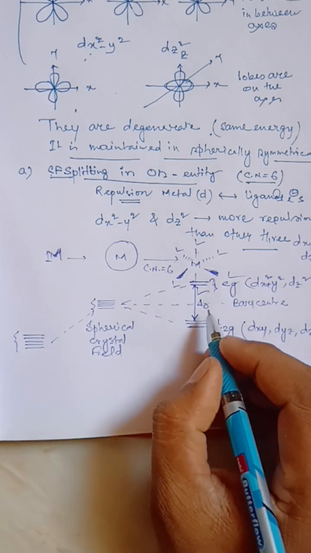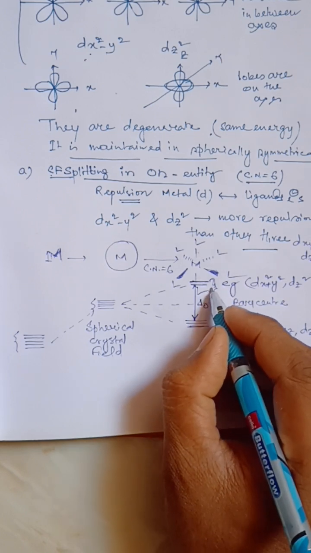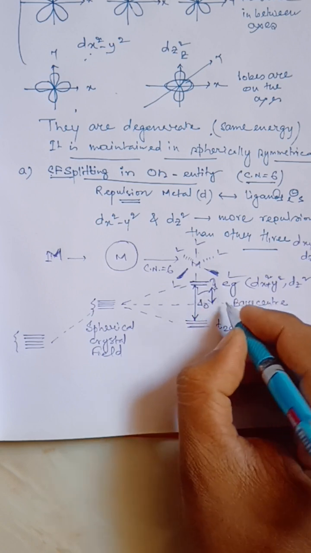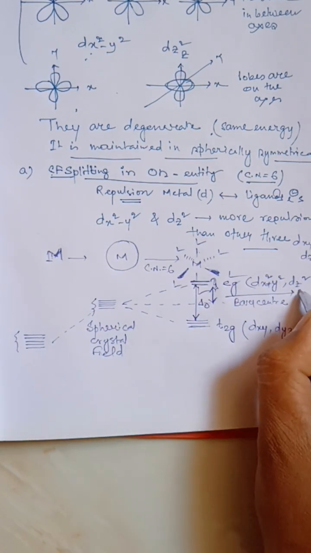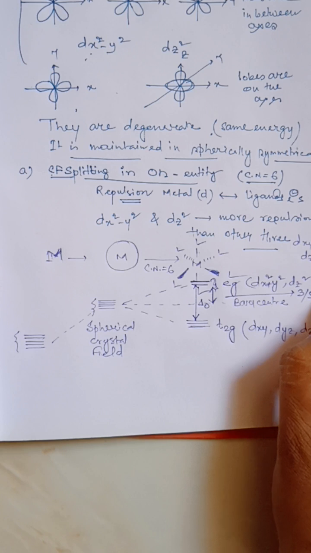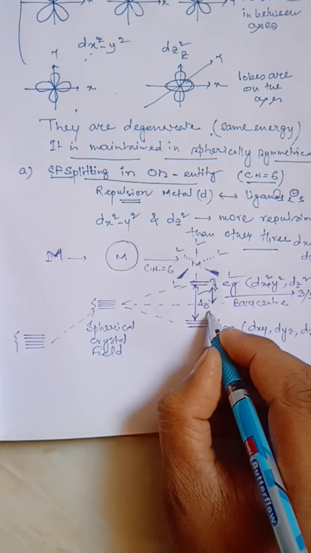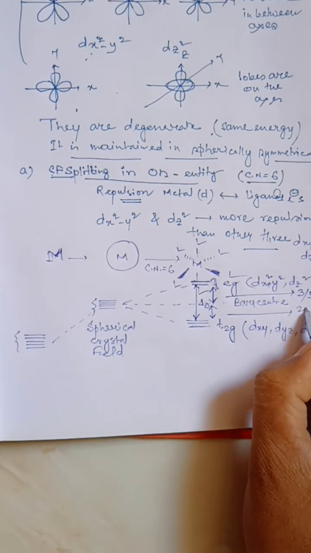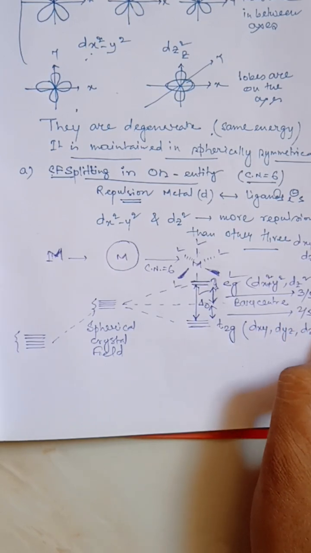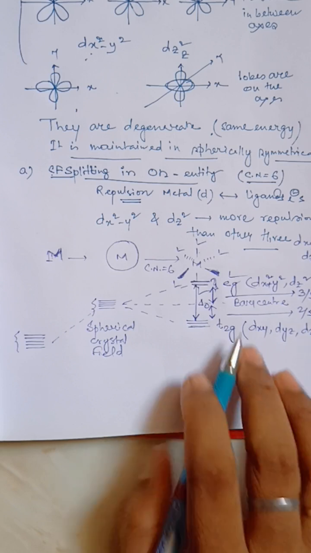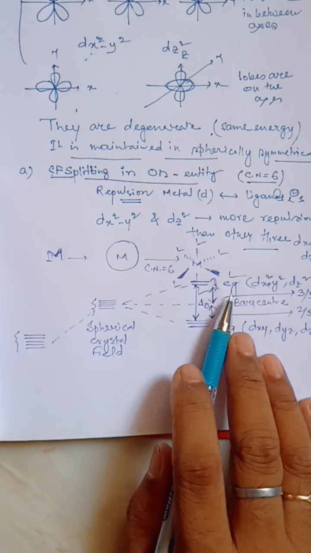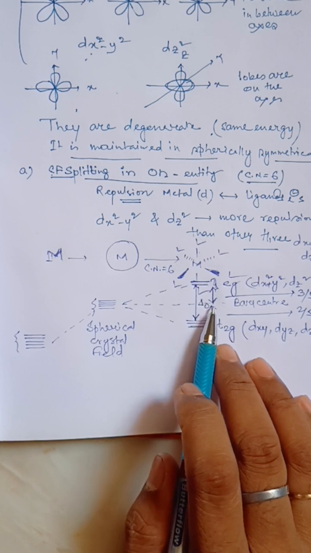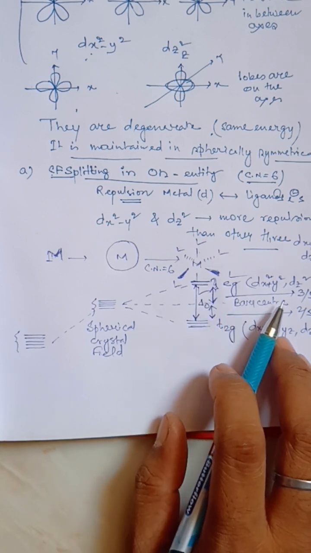From the barycenter, the higher energy is 3 by 5 del O, and the energy gap below is 2 by 5 del O, and the total energy difference between T2g and Eg is del O, that is the crystal field stabilization energy for the octahedral system. Okay.